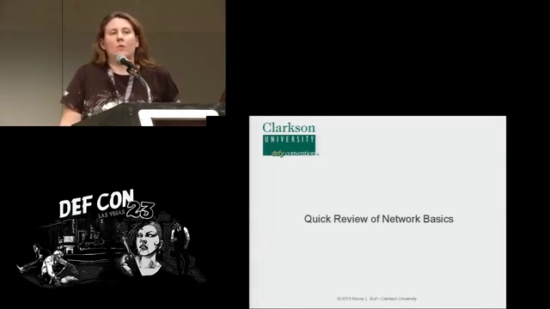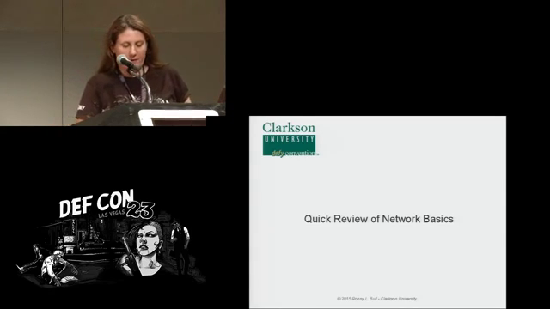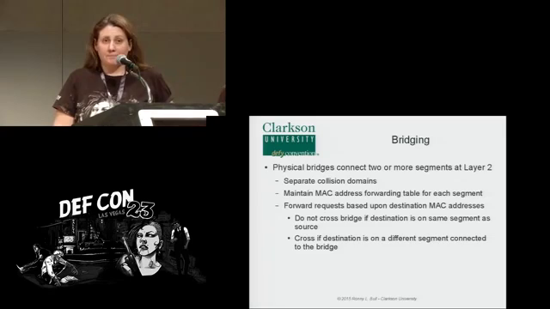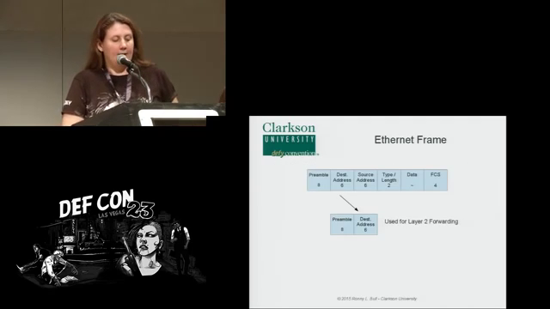Okay, one more bit of level-setting review before we get into the details of the attacks. A quick review of some networking basics. So what are physical bridges? They're devices that connect two or more segments at layer 2. They separate collision domains, so they're maintaining MAC address forwarding tables, and they're forwarding the requests based on the destination MAC address.